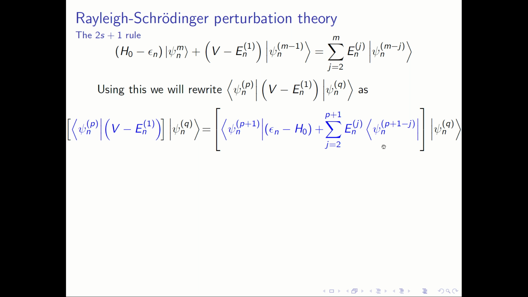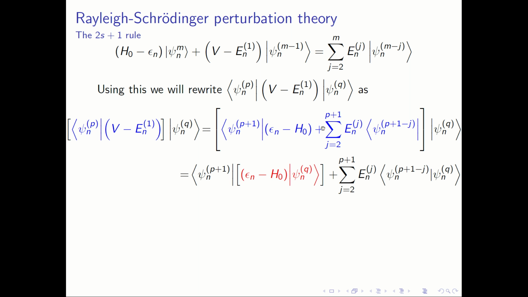This of course splits up into two pieces. The first piece, psi n p plus 1, epsilon n minus H0, psi nq, is a matrix element similar to the previous one, except that it's a matrix element of a different operator, plus a bunch of overlapping terms which comes from this.